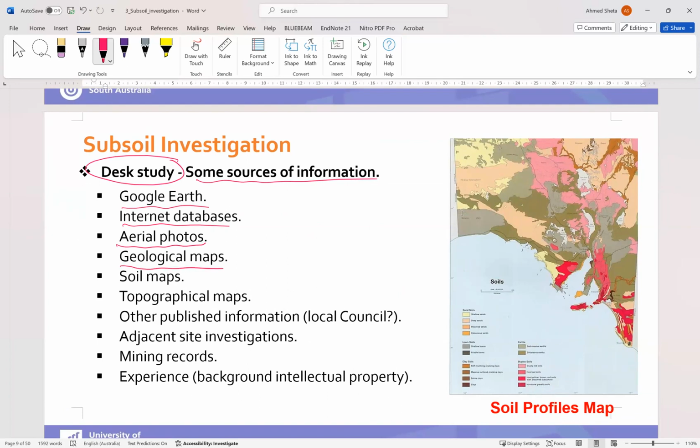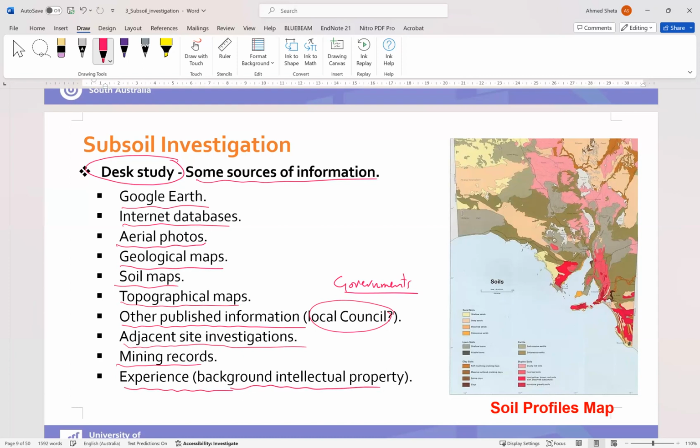Also geological maps, soil maps, topographic maps, and other published information, for example from local councils or governments, and adjacent site investigations. If there is a neighbor who has already done an investigation, we can share the information with them. Also mining records and experience.